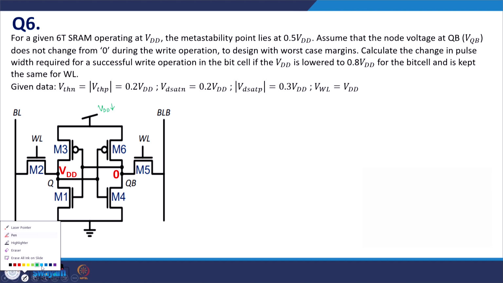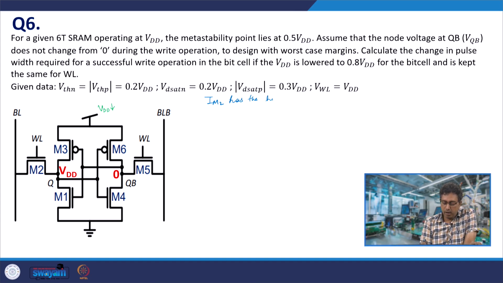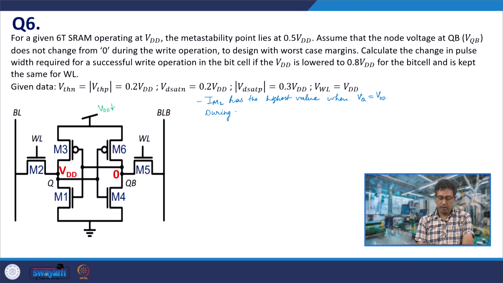So, what is our approach here? IM2 has the highest value when VQ equal to VDD. During flipping, VQ has the value of the metastability point.